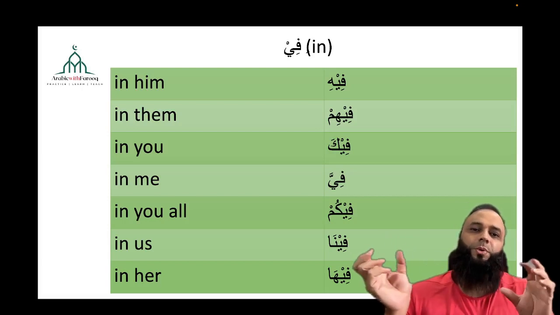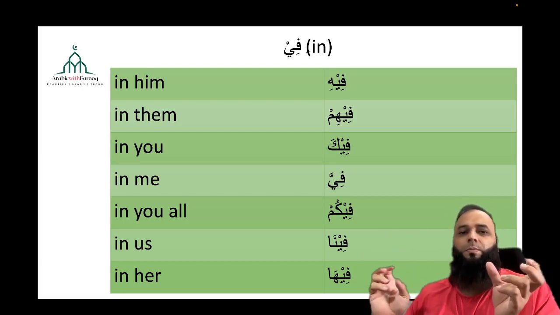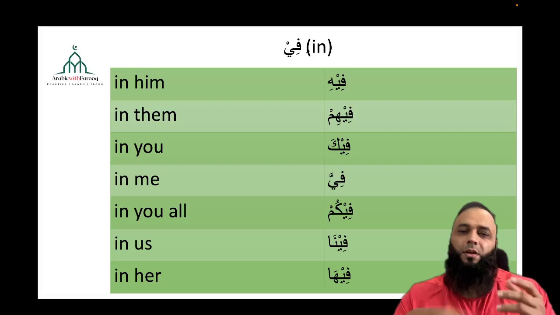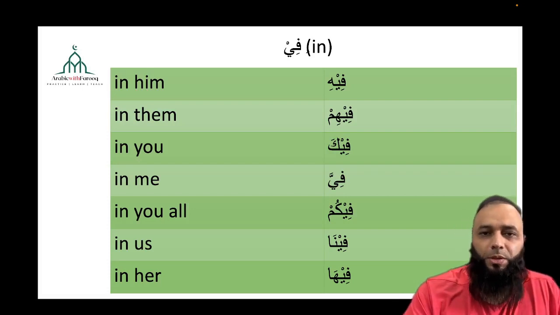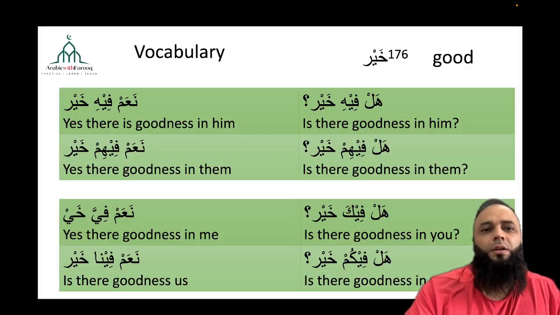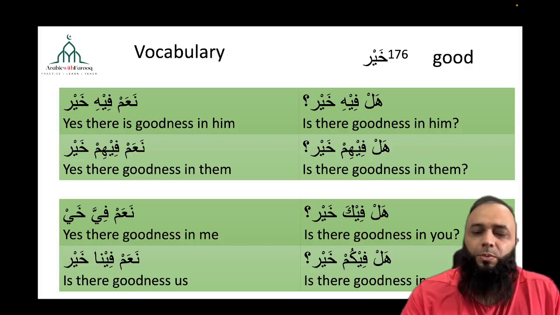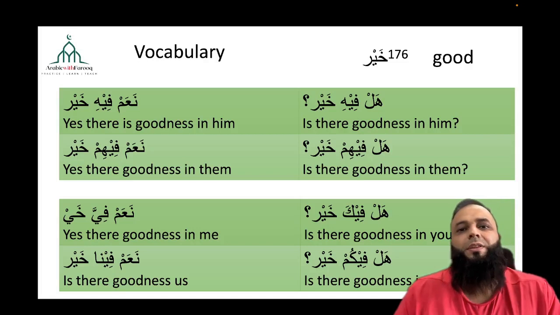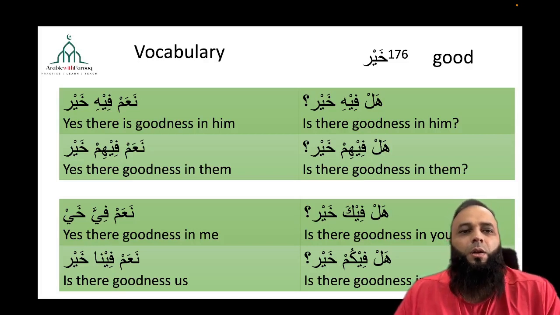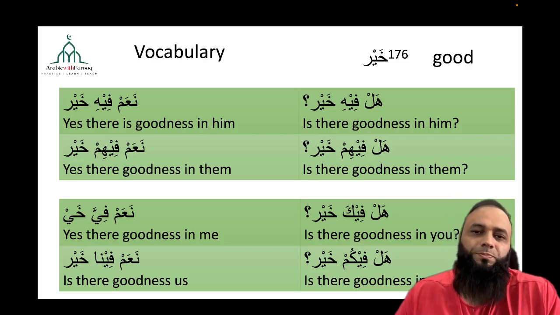You just have to take the word and add the person that you're referring to, and that forms the word, right? And then let's look at one of the words in vocabulary which appears 176 times, and this is khair, which we learned also in video 6A, when we were learning about the Fajr Azan. So khair means good, all right?